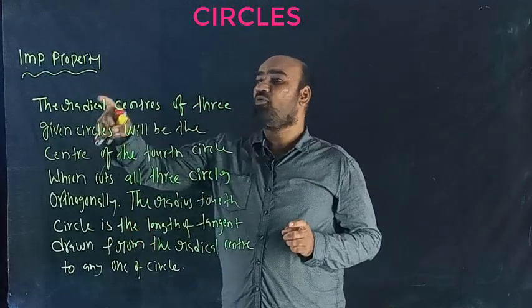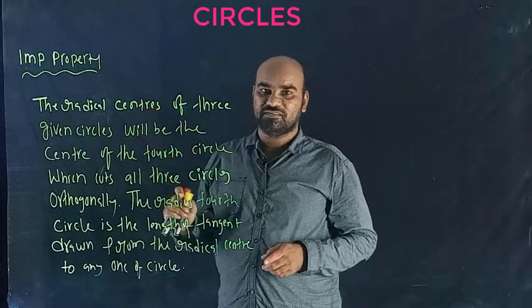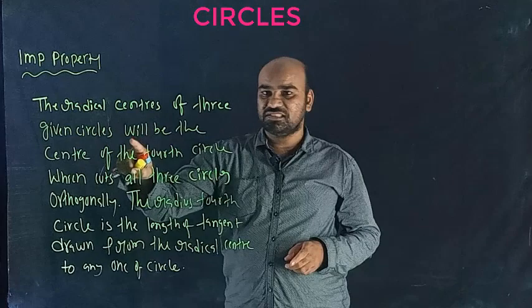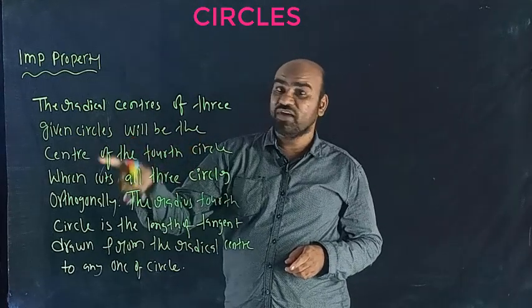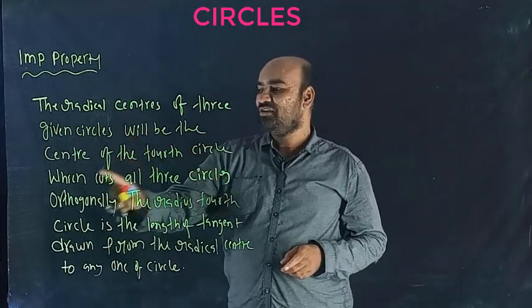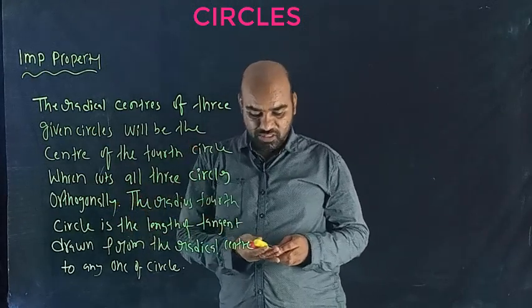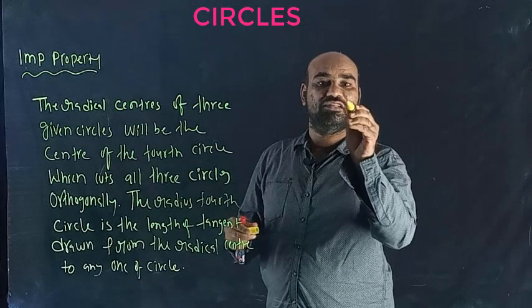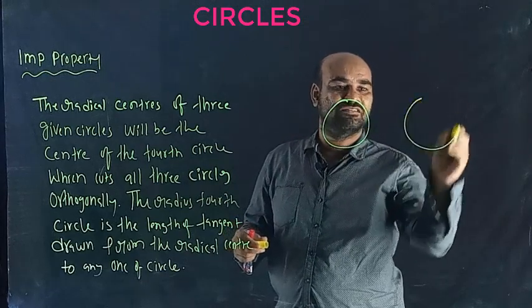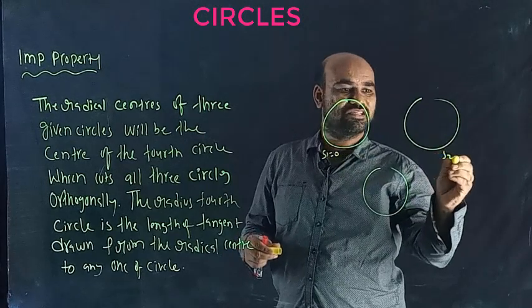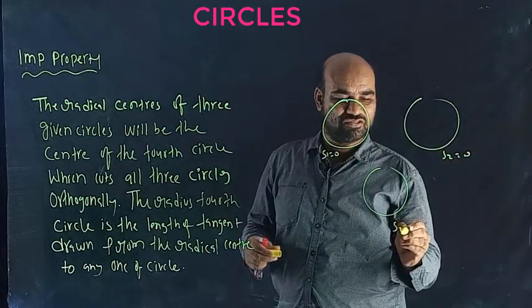Students, an important property about a radical center. The radical center of three given circles will be the center of another circle, a fourth circle, which cuts all three circles orthogonally. So the important thing is, these are three circles, S1 equal to 0, S2 equal to 0 and S3 equal to 0.